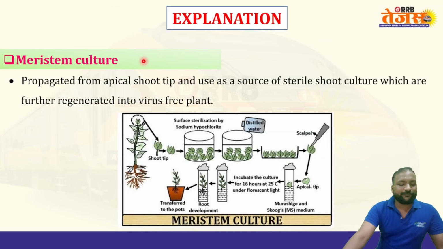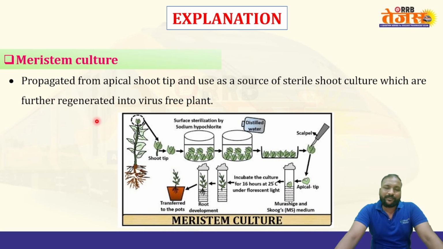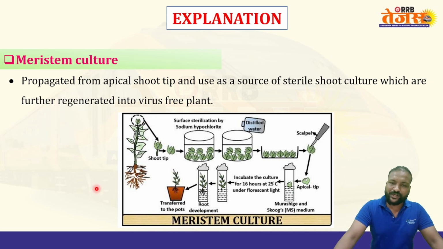So this is the diagram of how the meristem tip culture is carried out. You can see it is propagated from the apical shoot tip and used as a source of sterile shoot culture, which is further regenerated into virus-free plants. In general, a plant has two parts, root and shoot. In the shoot, we get a shoot tip.